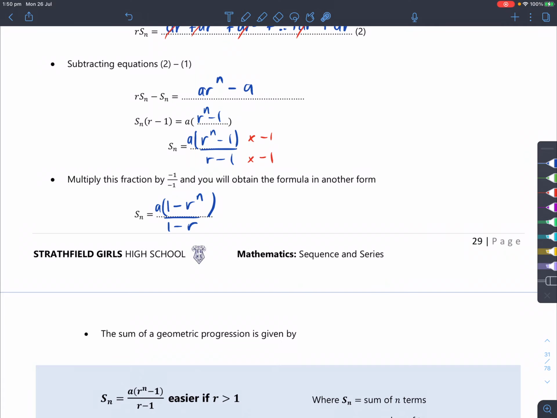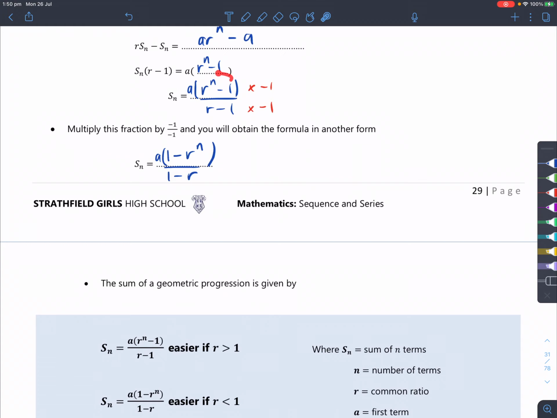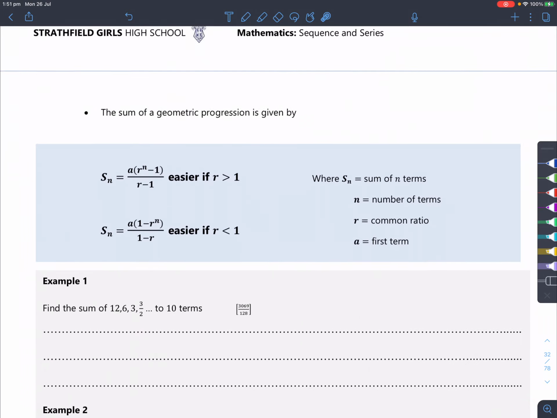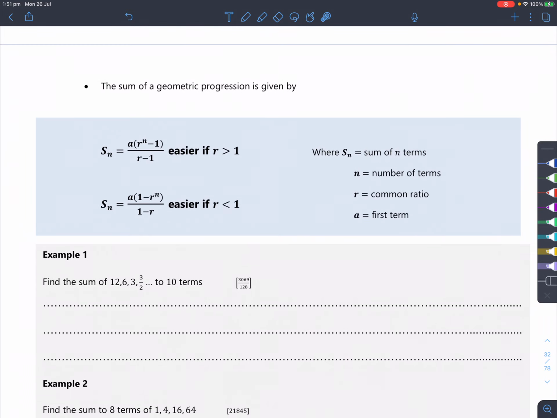So now that we have this formula, okay, these two formulas, I should say, you can use them any way you want to. So I've written them down here. Now, this is used much easier if the ratio is more than 1. The only purpose is that on the bottom, if you have a ratio that's more than 1, then this will be positive.